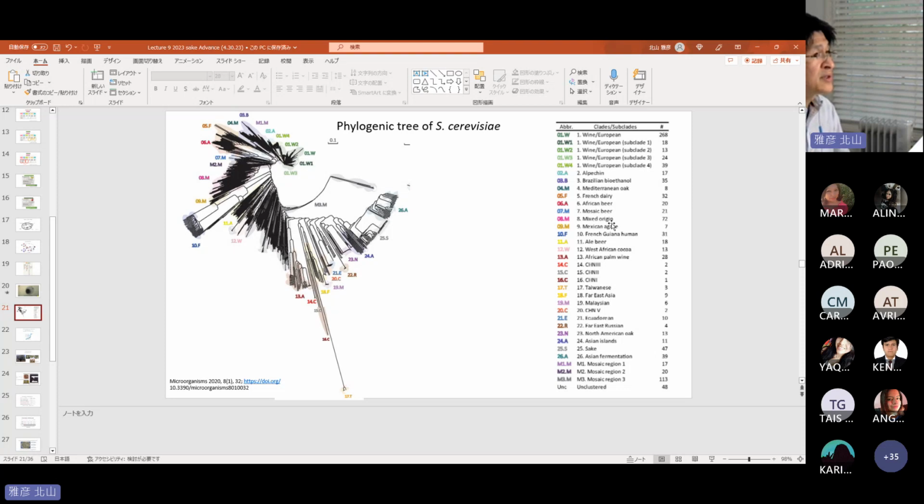So people try to isolate yeast strains from different producing areas like dairy, milk, beer, tequila, and cocoa. The cocoa fermentation process also involves yeast. Also wine, palm wine, which I explained in the first lecture of this program.